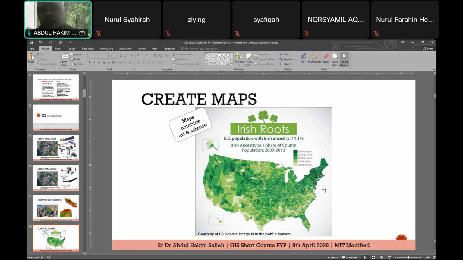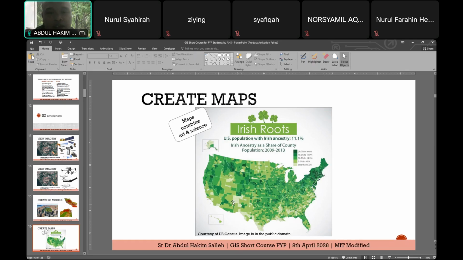Other than that, another example is this one. They are producing maps to search for people that have Irish lineage. So they map it like this, by percentage.